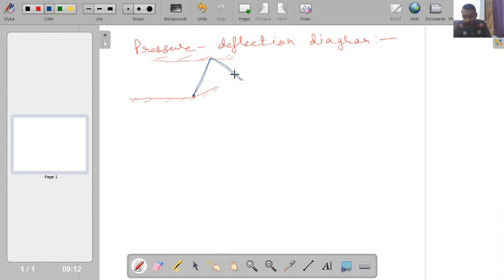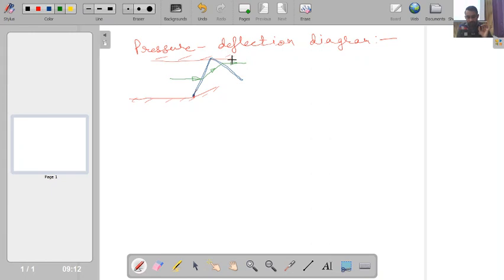Interestingly, when a streamline entered at this point, it got deflected like this, and then it got deflected again like this. So we have also seen how a streamline deflects through these two shock waves.